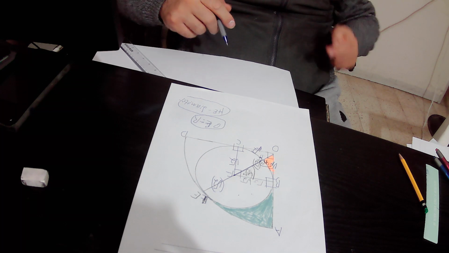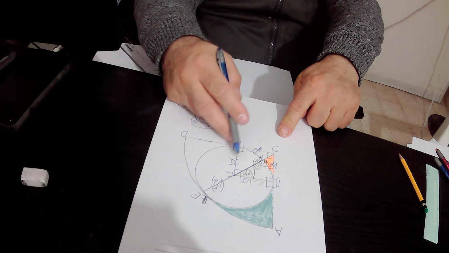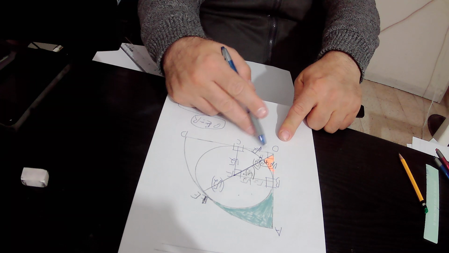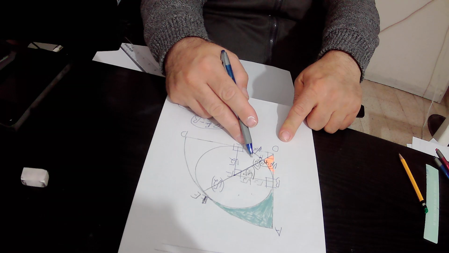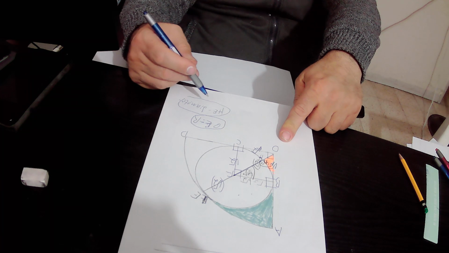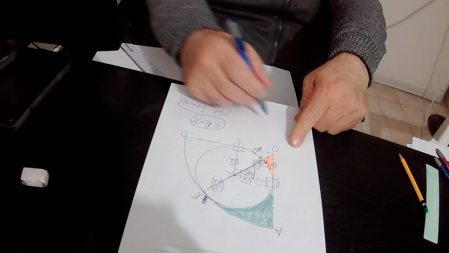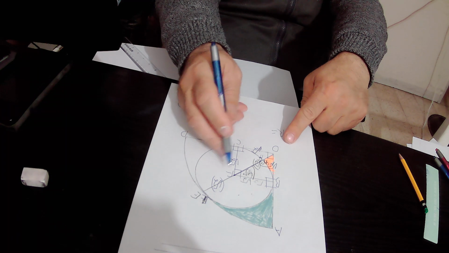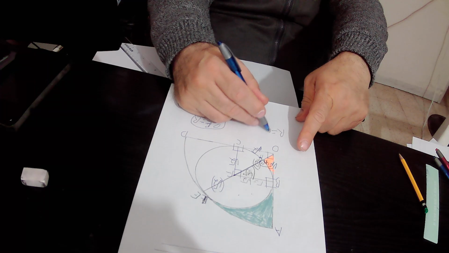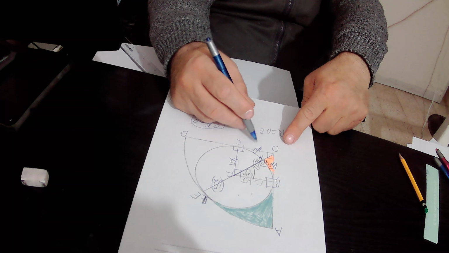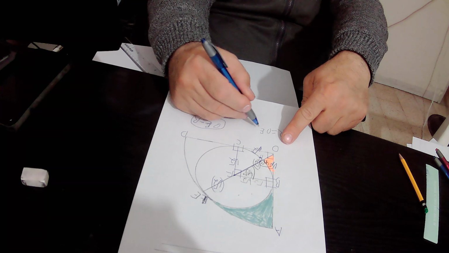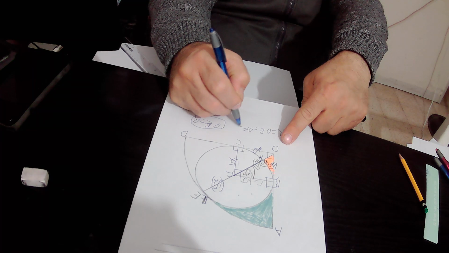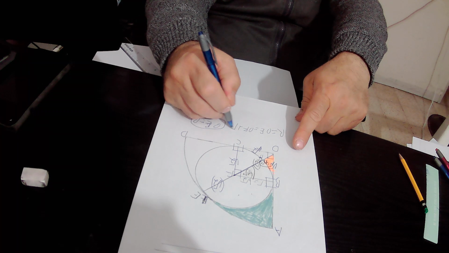We have already found out that OF, the hypotenuse, equals 2 units in length. So the radius, capital R, equals OE, and OE equals OF plus FE.